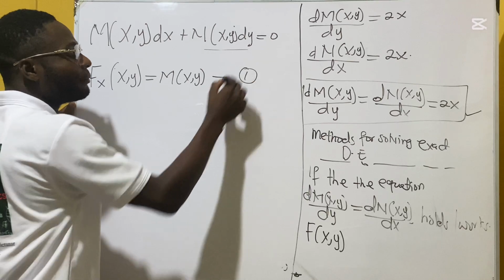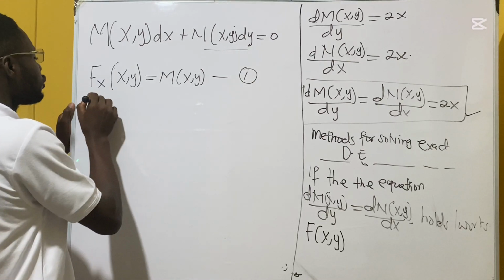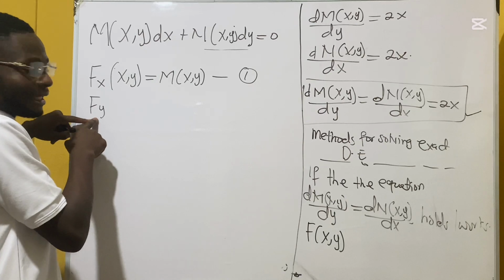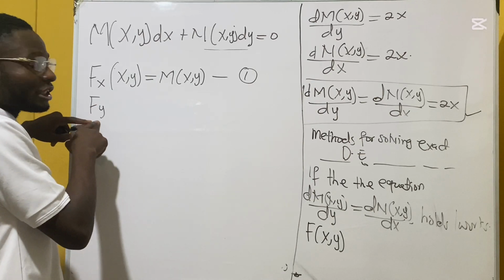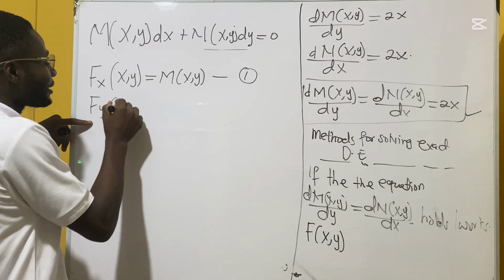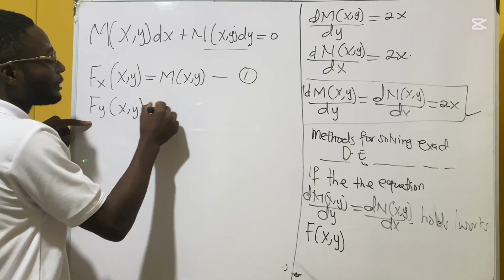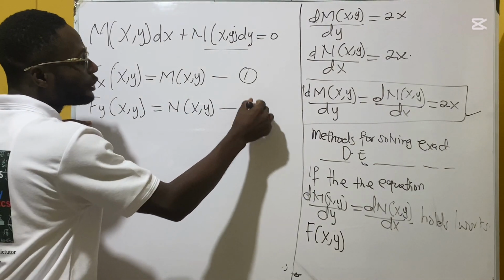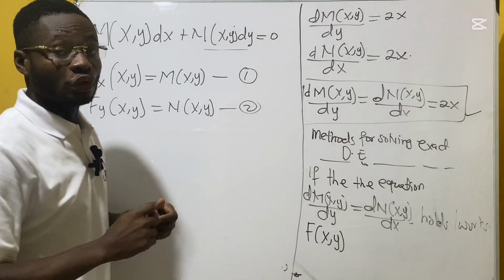And that should be named equation 1. And f sub y of x and y, that is the first differential with respect to y, is equal to N of x and y. And that should be named equation 2.